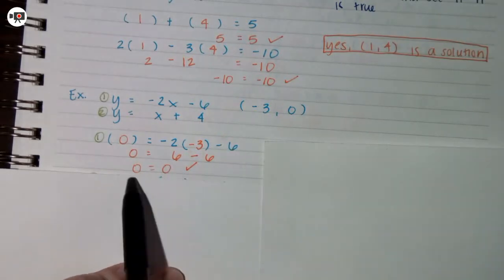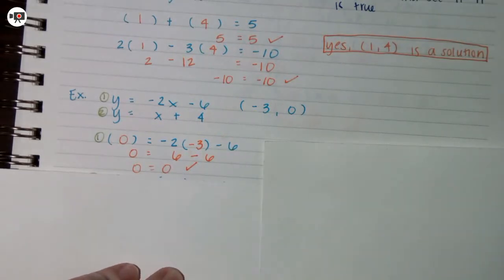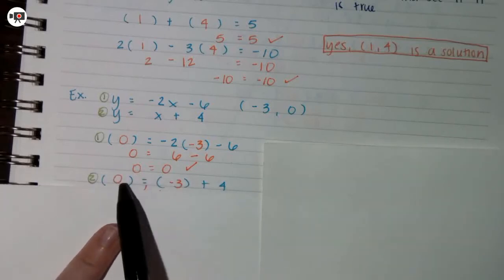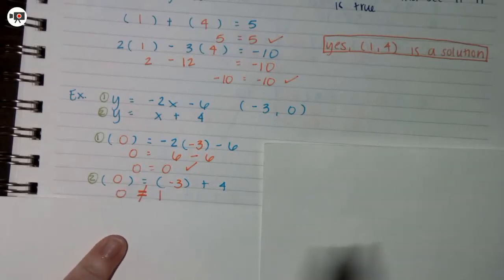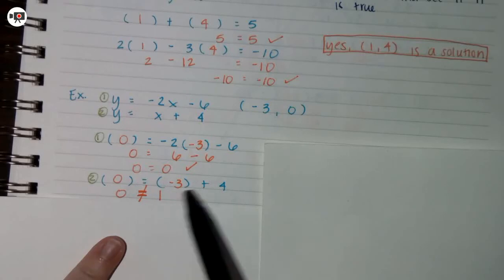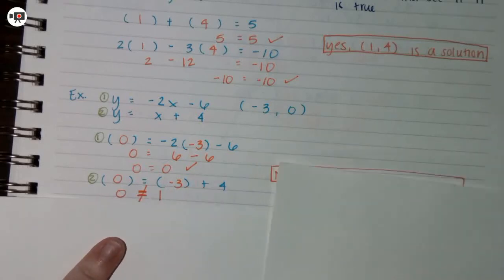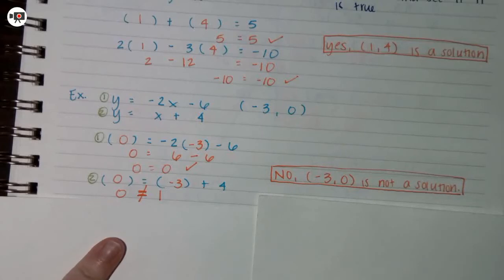That is 6 minus 6, so 0 equals 0. We know that's true. Plugging it into equation 2, I have 0 equals negative 3 plus 4. This is where this would not be a solution because negative 3 plus 4 is 1, and 1 does not equal 0. So no, (negative 3, 0) is not a solution to the system.